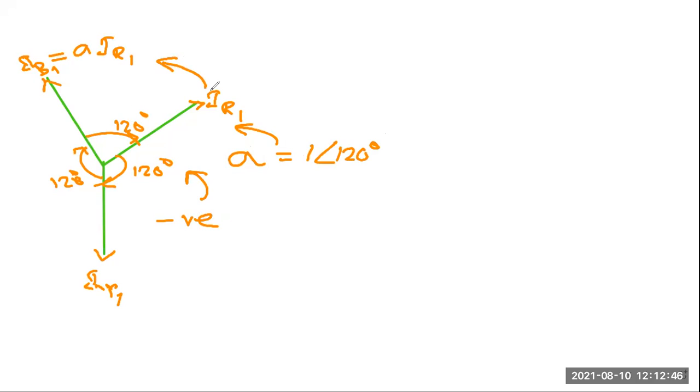Now you see from IR1 to IB1, what is the angle? That is 120 degree. Yes, sir. Now, if you multiply IR1 with A, you will get IB1 because it is in the anti-clockwise direction. Yes or no? This is your IR1.